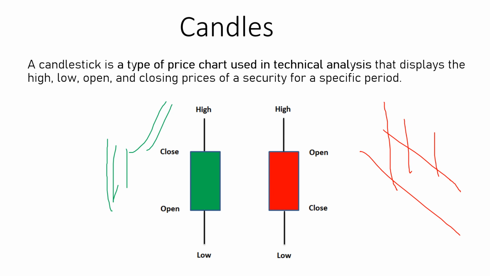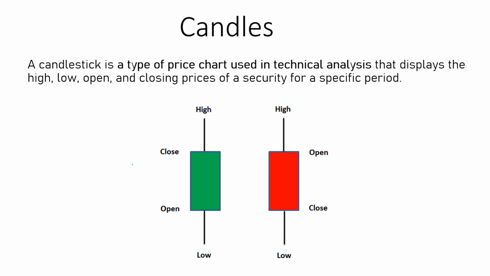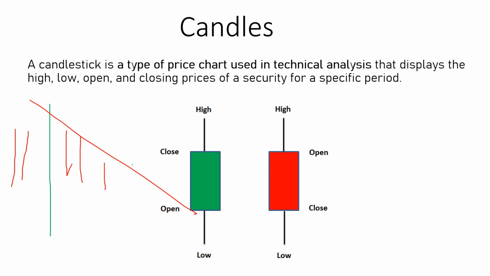What if it is, suppose it is, let me just clear these things out. Suppose it is red lines followed by one big green line, then again small reds, then it usually comes down.